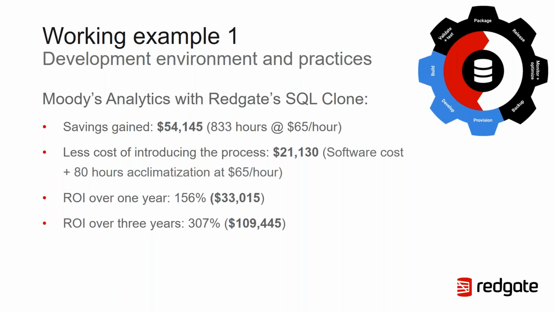So with this organization in particular, their production databases were now up to 3 terabytes or more in size. So moving around copies of this data and finding space to keep copies of this data were a real problem. The need to have these dev and test environments refreshed frequently to keep pace with that ongoing development was a real struggle.